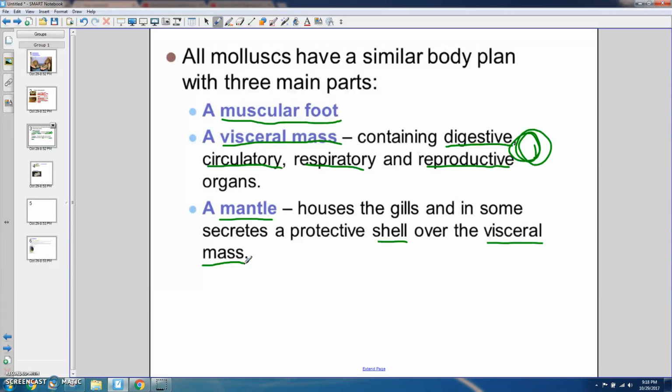And another interesting thing about the mantle is that it can heal. There's been numerous occasions, I'm sure you've heard, where maybe a snail's shell is broke or a clam shell breaks. And what happens is it can actually heal it. Just like when we get a cut, our skin regenerates. And so shells have that ability as well.